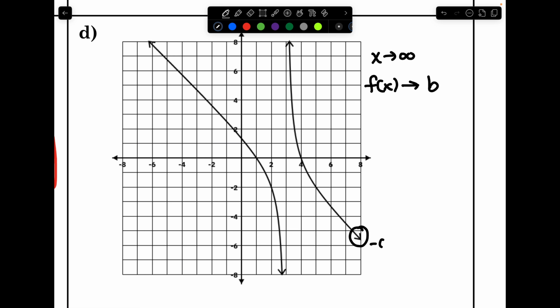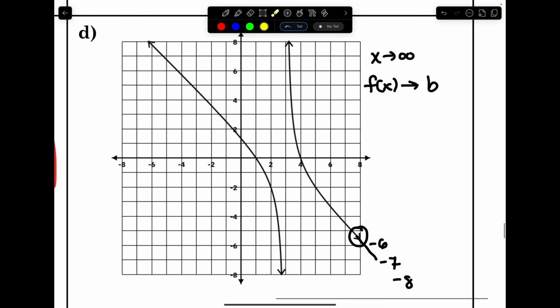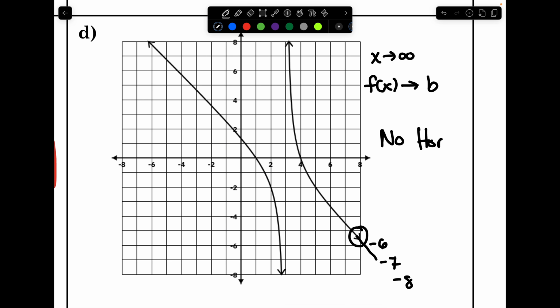It's going to approach -6, but then it's going to continue moving down and approach -7, and continue moving down and get to -8, -9, and so on. So you see, it's not getting closer and closer to a constant, to a horizontal value. So this one has no horizontal asymptote at all, because the end behavior is not leveling off.